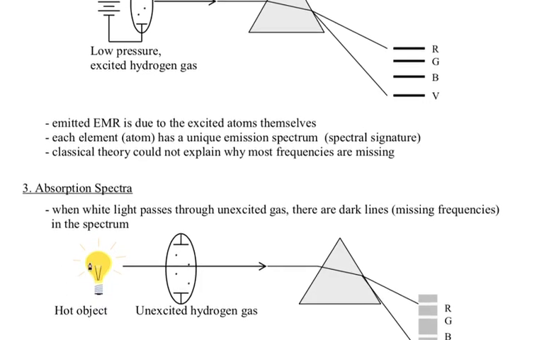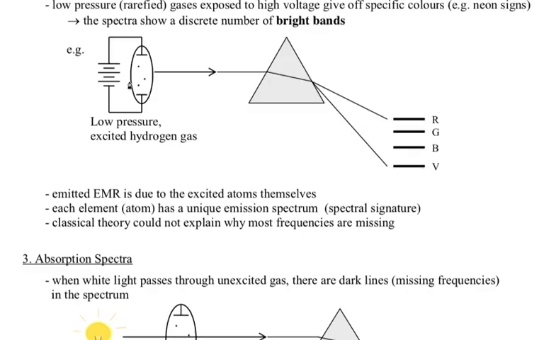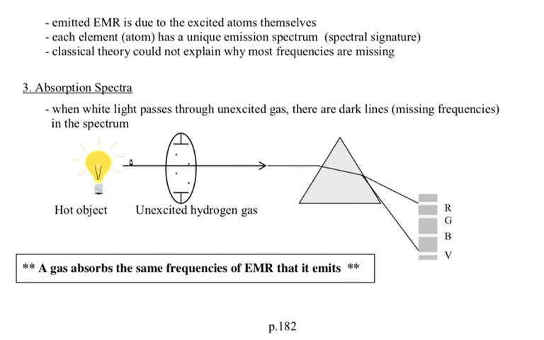When we have this hot object emitting its continuous spectra and that white light passes through our unexcited gas, so in this case we have hydrogen in a tube, we're not running a voltage through it. This is just regular old unexcited non-charged hydrogen gas, and as the white light passes through it, these hydrogen atoms will actually absorb the same bands that an excited version of hydrogen would emit.